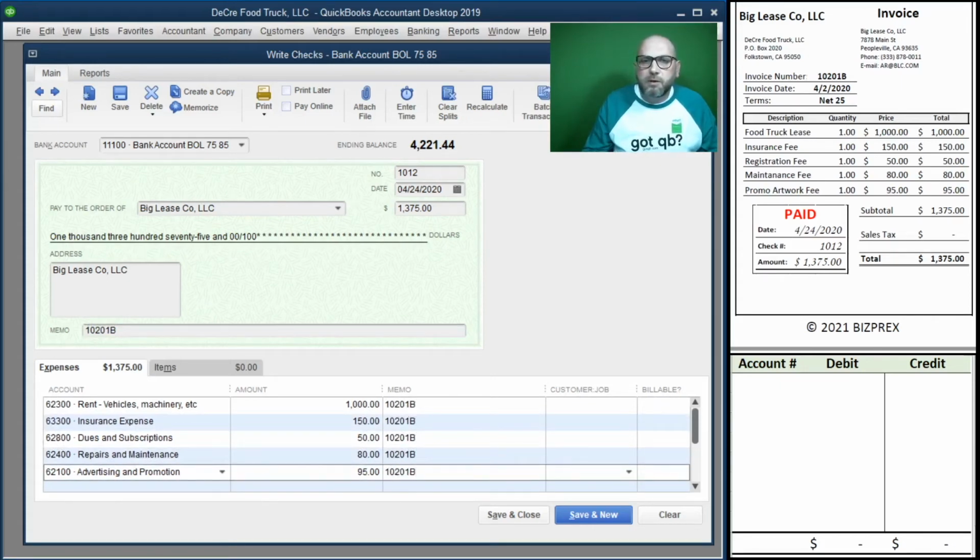So here we are. Let's make sure we understand what the debits and credits are behind this transaction. We know one thing for sure, right? Our bank account is going down, and by now we know it has to be credited to go down. And then we have a bunch of these expenses. We also know they have to go into the debits, right? They need to offset because we have to have entries in balance. So let's go ahead and do it just for illustration purposes.